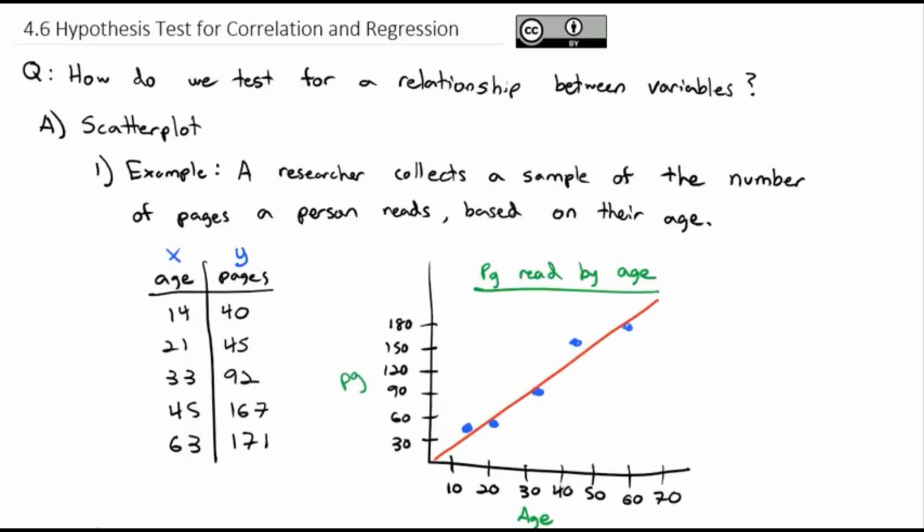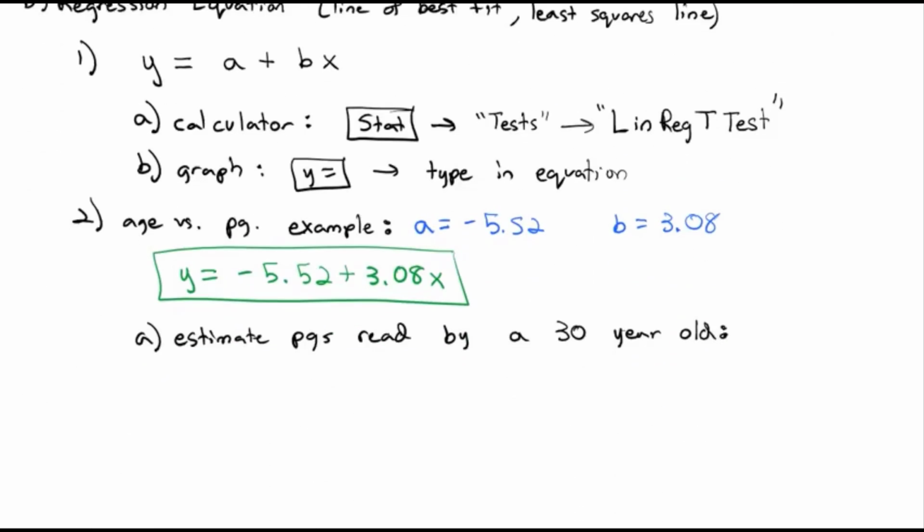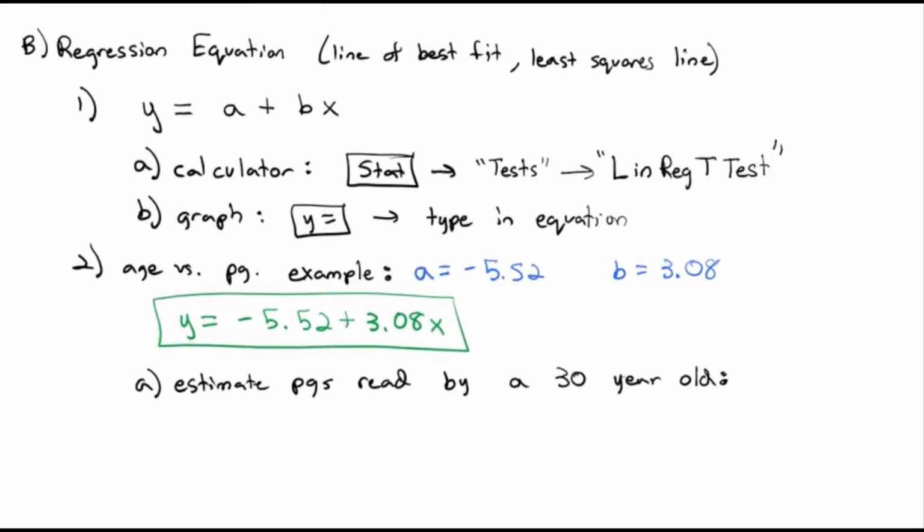If we go back to the original data, we don't have 30 in here. But age is my x value. So if I plug in the age for x, we should be able to get a good estimate for what that 30-year-old is reading. So y equals negative 5.52 plus 3.08x. X is the age, my 30-year-old.